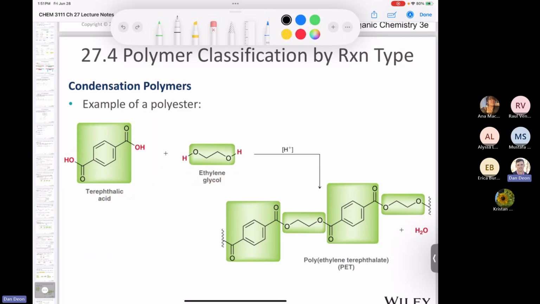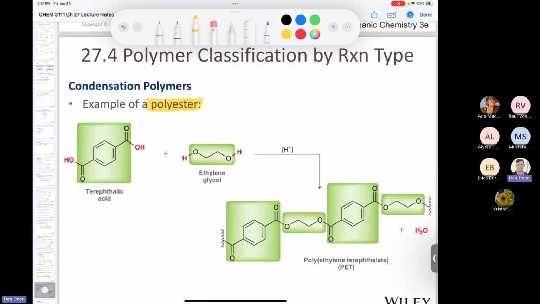You can see that you can get a condensation here, so you can form an ester there, but then you can also form an ester on this end and on this end, and so it keeps going. You all know what an ester is, so this is a polyester. You all know about a sweatshirt that's made out of polyester. So this is how polyesters are made.